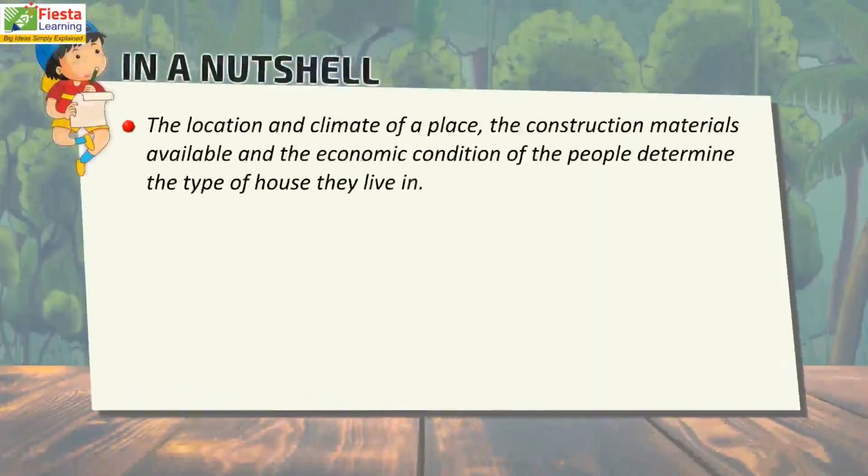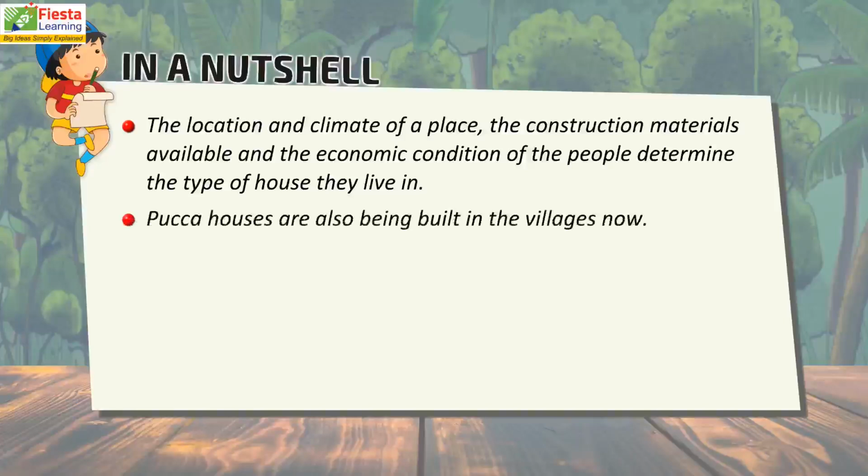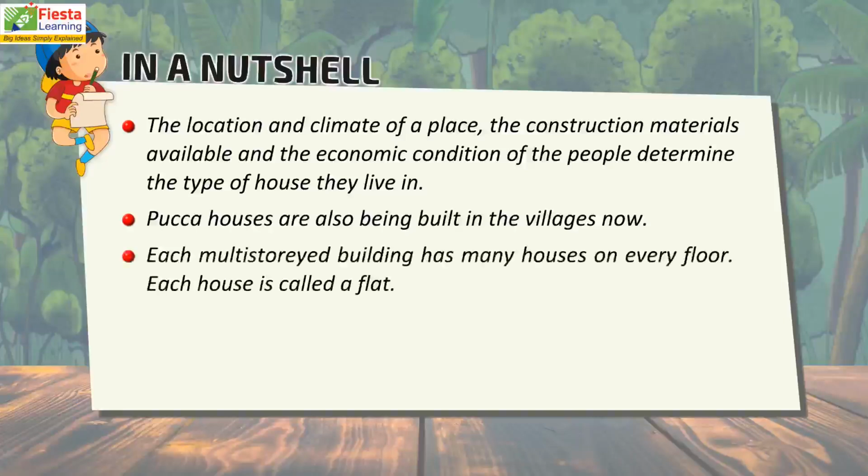In a nutshell, the location and climate of a place, the construction materials available, and the economic condition of the people determine the type of house they live in. Pakka houses are also being built in villages now. Each multi-storied building has many houses on every floor.